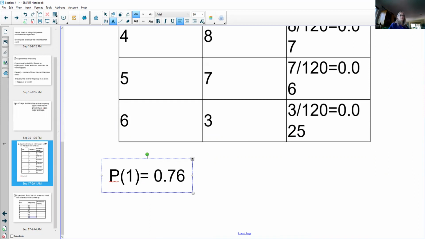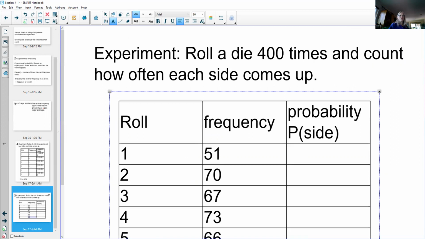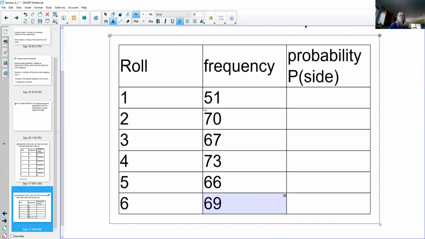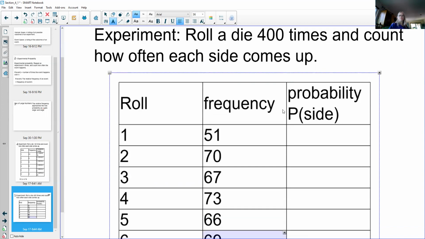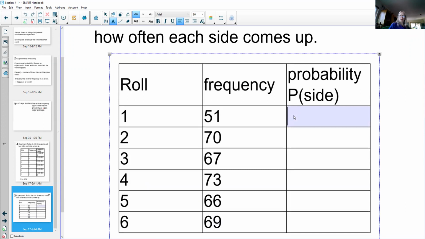So let's go do another example. Let's roll a die 400 times and count how often each side comes up. In this case, my n is 400 because I repeated the experiment 400 times. We're going to have 51 divided by 400, and that is 0.13, let's call it.